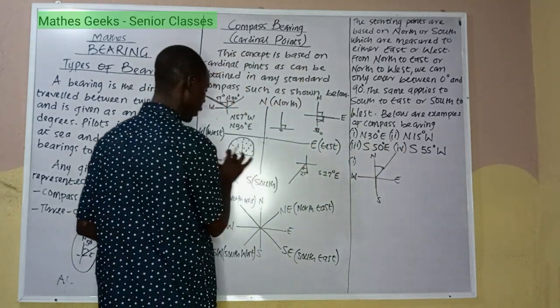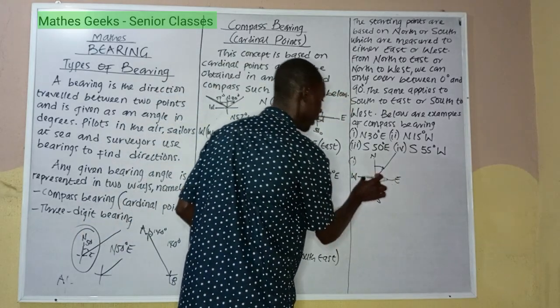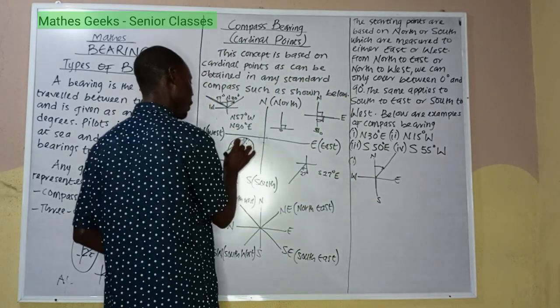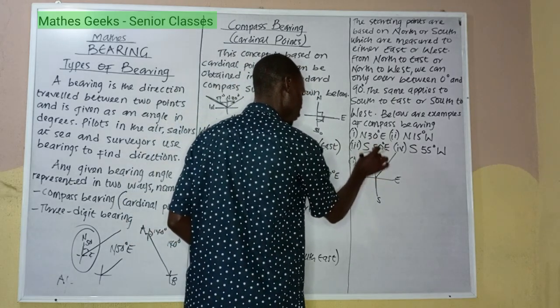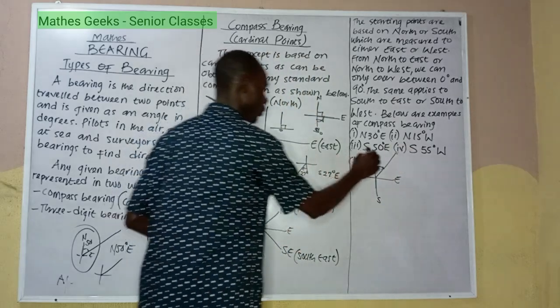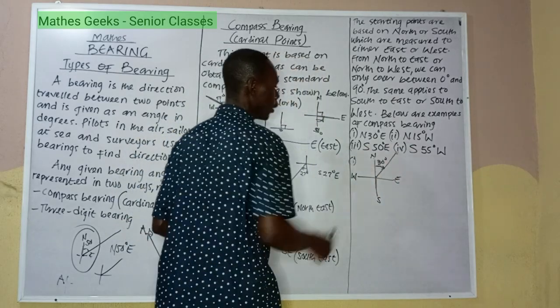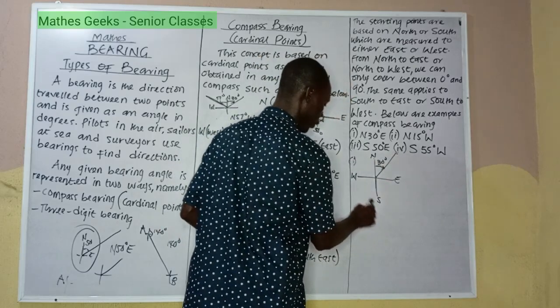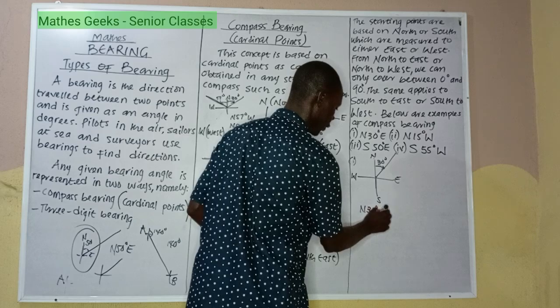You place this horizontal line on this west-east line, and then make sure this 90 degrees coincides with this north line. And then from there you can mark off your 30 degrees. So from the north pole to this line is 30 degrees. So how do we represent this? This becomes north 30 degrees east.